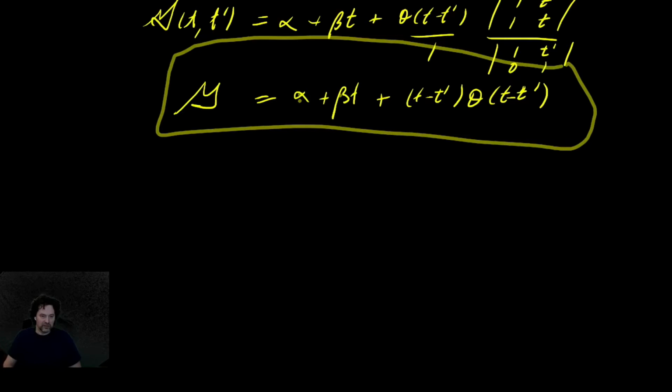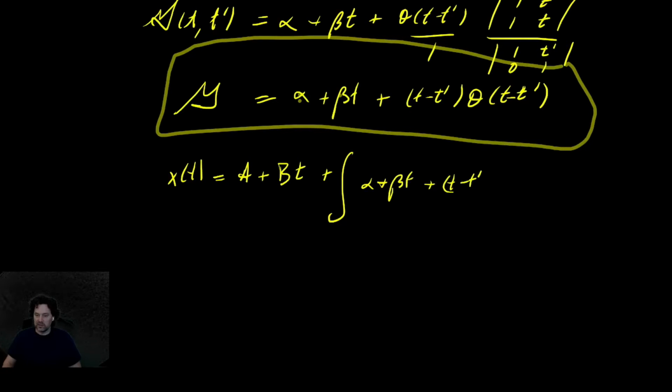So we have x of t equals a plus b t plus the integral of alpha plus beta t plus t minus t prime, theta of t minus t prime, all times f of t prime dt prime.